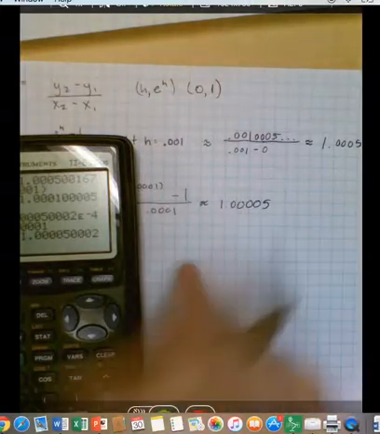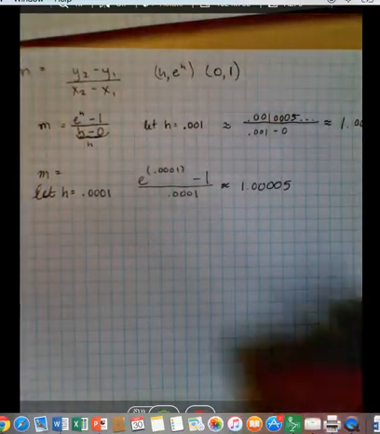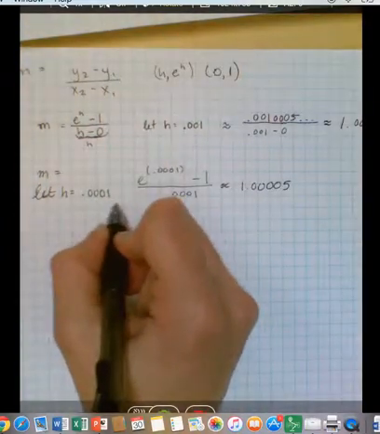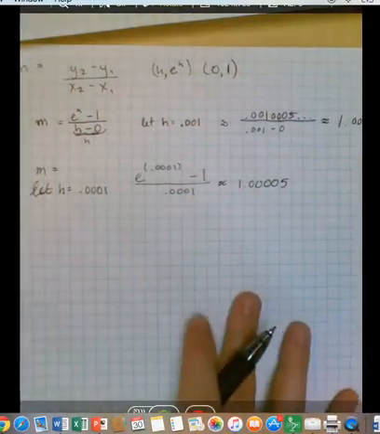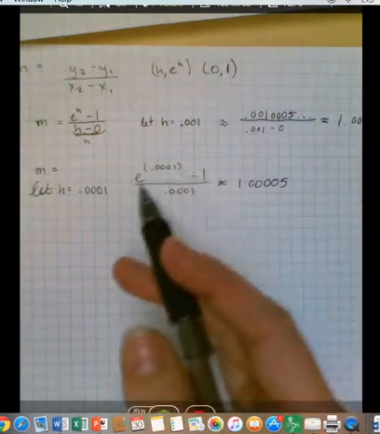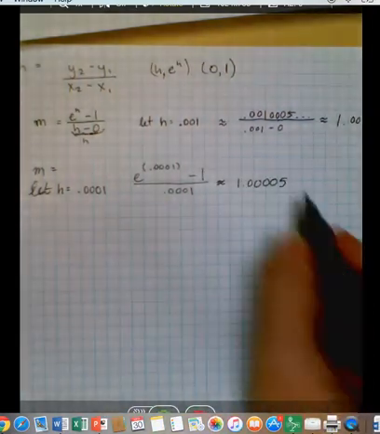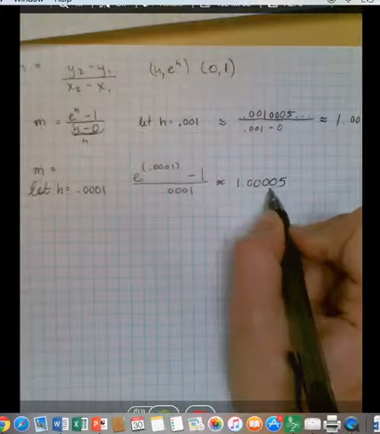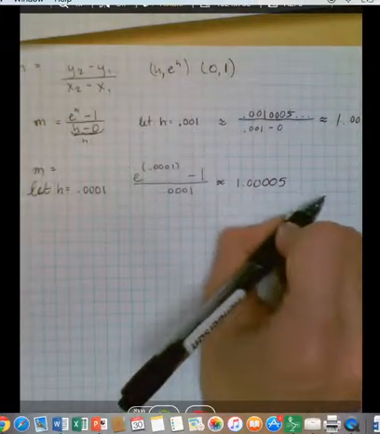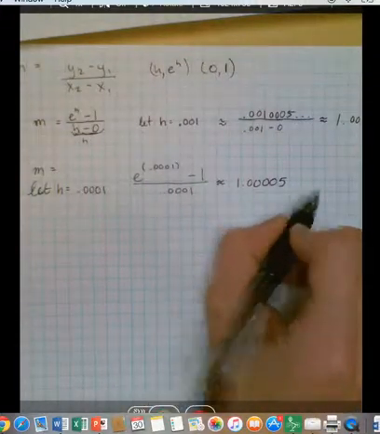Every time I shift my decimal place to be smaller, the 5 moves further and further to the right, becoming smaller and smaller.